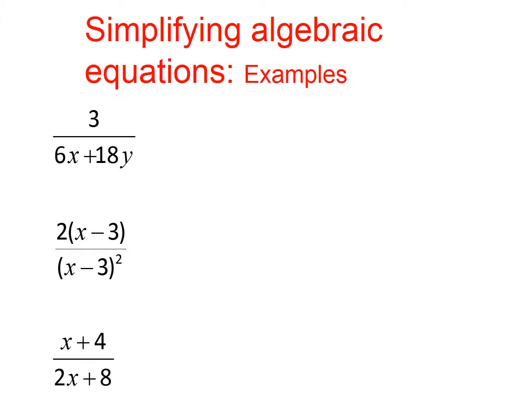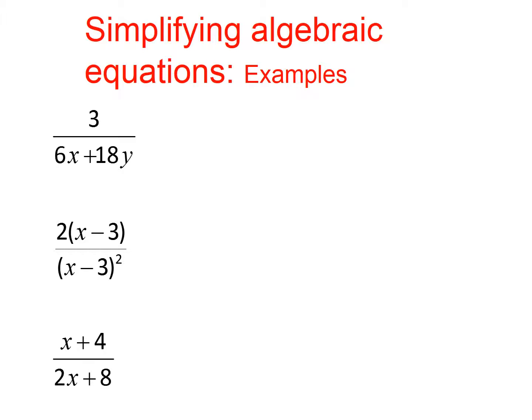Similarly, the last one, we're looking at that one. Is there something that we can look at here? x plus 4 divided by 2x plus 8. So looking at x plus 4, can I rearrange this bottom thing so that some part of it is x plus 4 times another number?